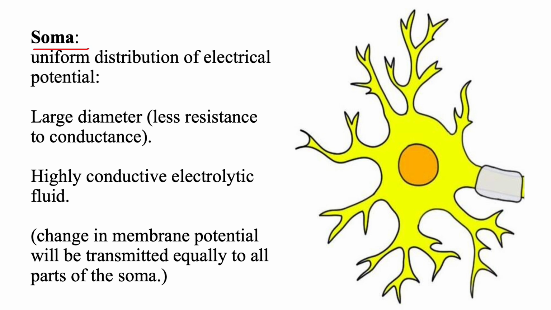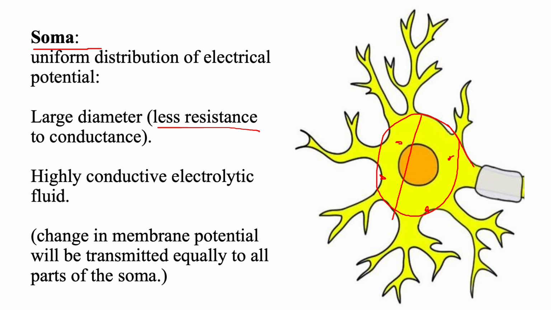How about the axosomatic synapses? See here in the soma, it's characterized by having a relatively large diameter, which means less resistance to conductance. The fluid here in the soma is highly conductive, so any change in the membrane potential will be the same anywhere in the soma.